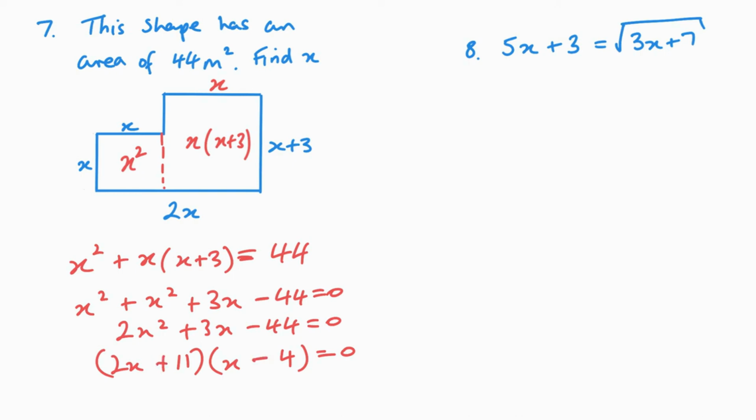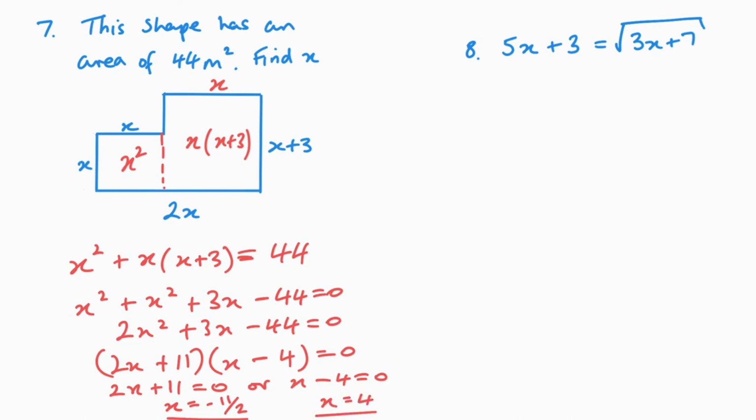There we have it. So we've got 2x plus 11 equals 0, or x minus 4 equals 0. And I'm just going to squeeze in the bottom. We'll have x equals minus 11 over 2, and x equals 4 as my two answers there.